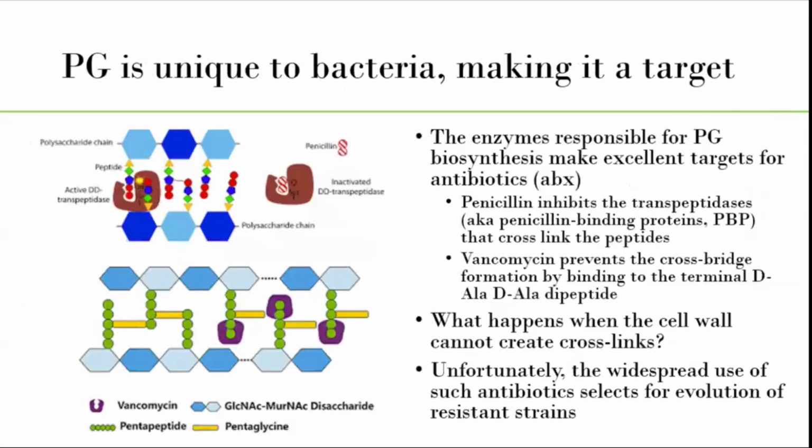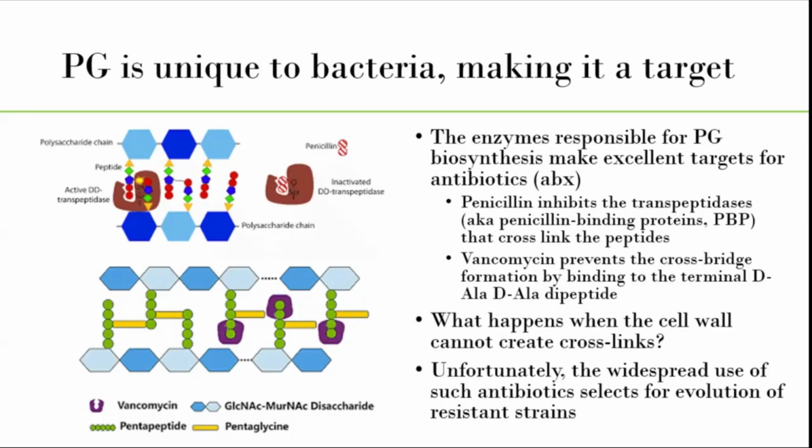Okay. So there's some cool things that happen because of this. The enzymes responsible, as I said, are the transpeptidases. We also call them penicillin binding proteins. That's the other name that they have, because penicillin, the antibiotic, binds to those proteins and keeps them from working. So here's an example.